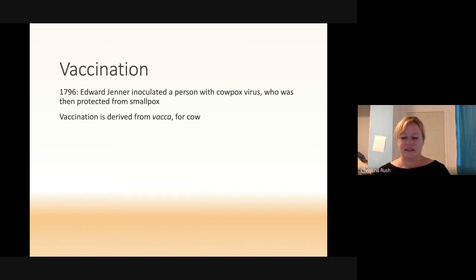But because of vaccination, we were able to eradicate smallpox from the planet. And there's a very small vial of smallpox that still exists, and that is in a frozen, hidden laboratory somewhere in the Netherlands. The protection that we get from vaccination is called immunity. And again, you can't recatch the disease.